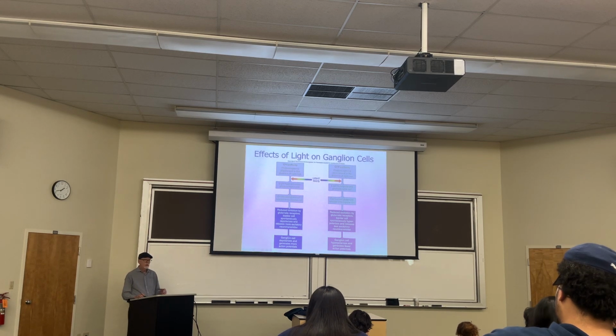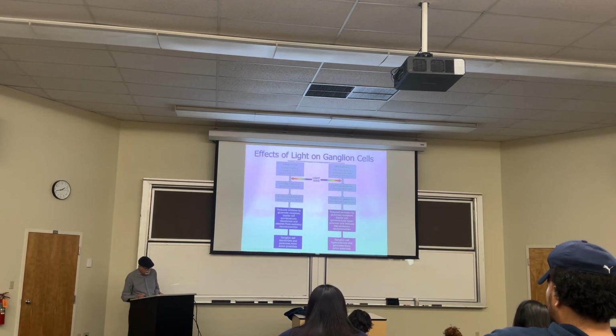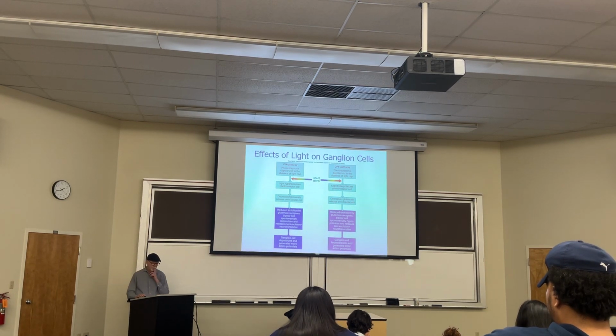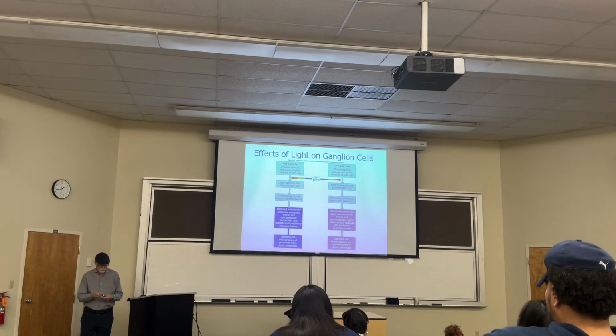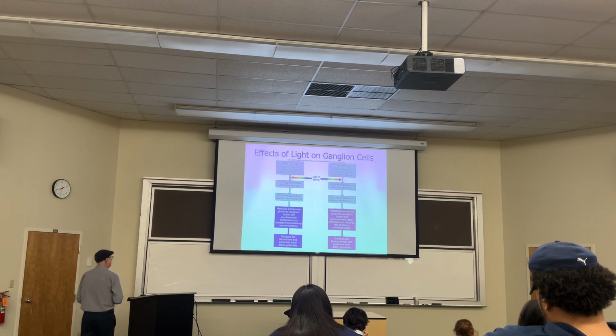And so reduced inhibition means more excitation. You'll have more depolarization and you'll get more action potentials in the ganglion cell. Just pausing to let that sink in for you. It's a little bit like a double negative.